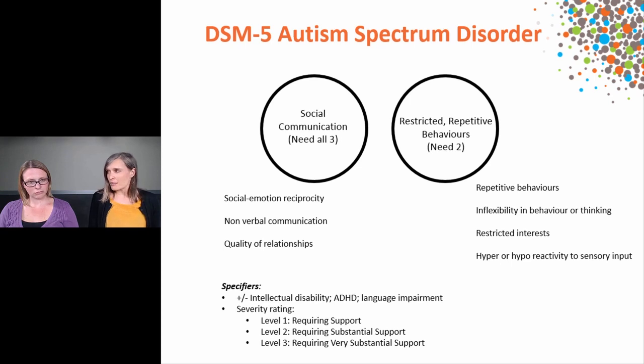So especially same age peer relationships tend to be a bit more difficult for people with autism to create. They might be more likely to have closer connections with older people in their lives, or maybe with younger siblings, for instance. But we would notice some type of difficulty in social relationships throughout the lifespan.